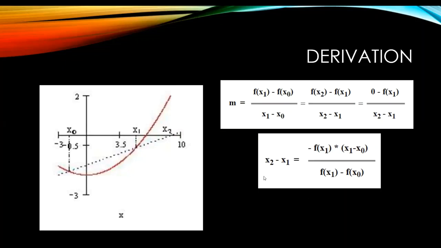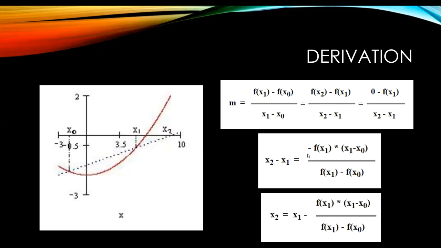Then we solve for x sub 2 since this is the one nearer to the root. Every time we want to get the root, we solve for x sub 2. So transposing x sub 1 to the right side, we have this equation. This is our working equation for the secant method.